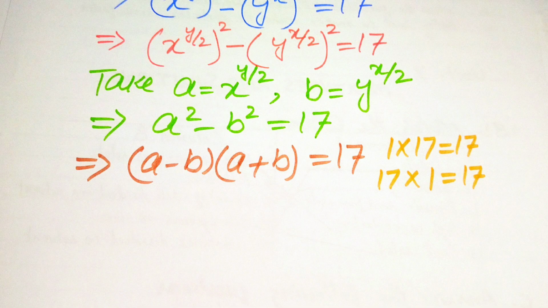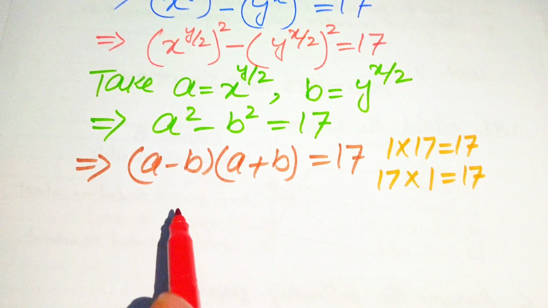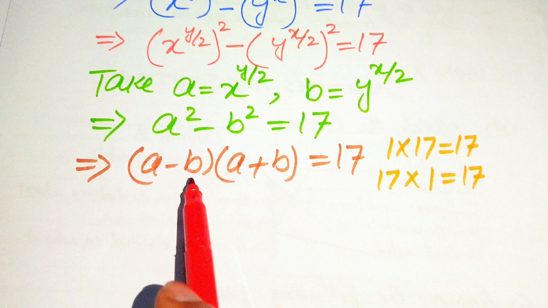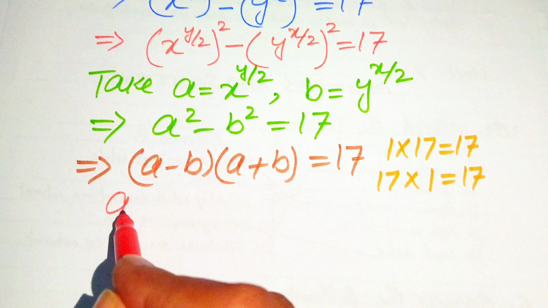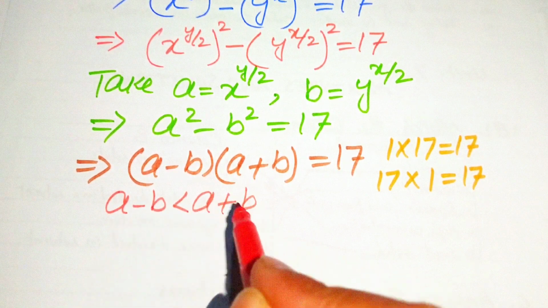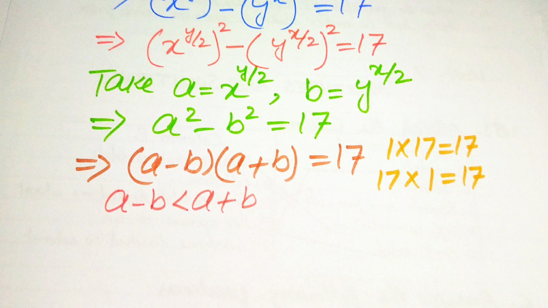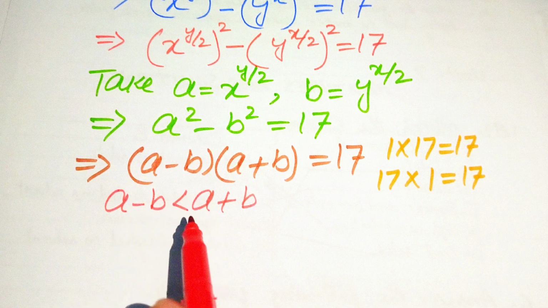In the next step we just focus on the left hand side. If we make the relation between a minus b and a plus b, then a minus b is always less than a plus b. Here our a and b are not equal to 0; if a and b are non-zero, then this relation always holds.